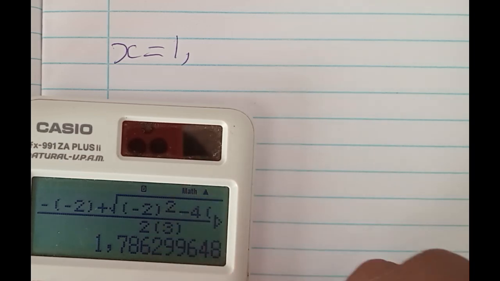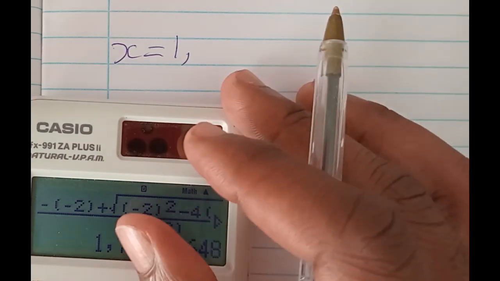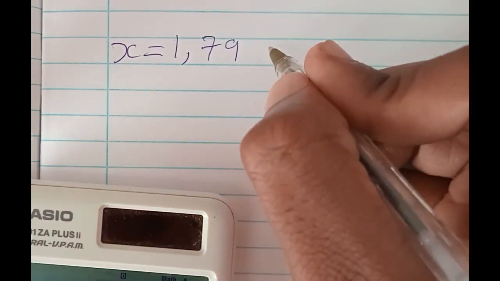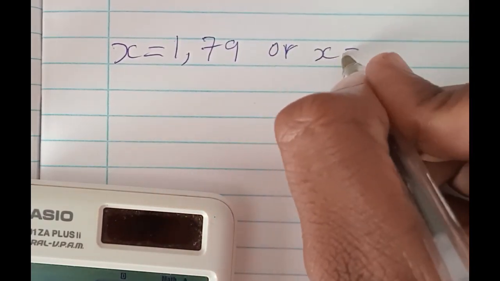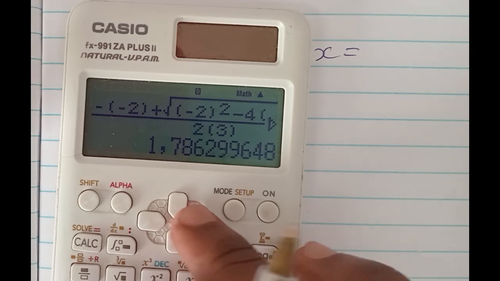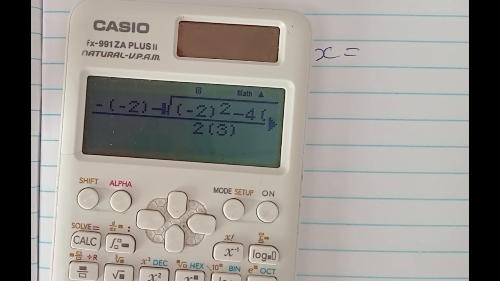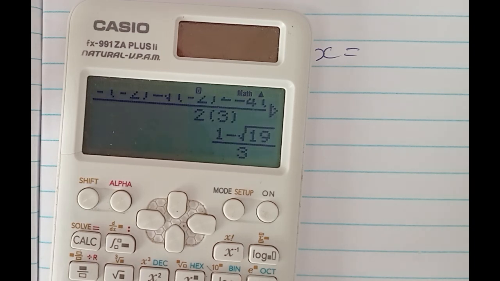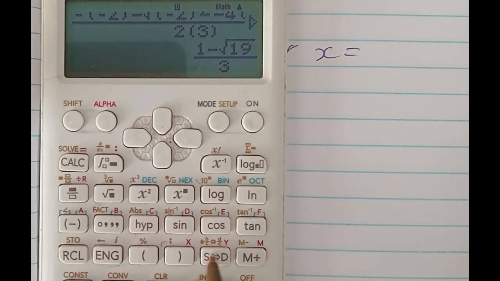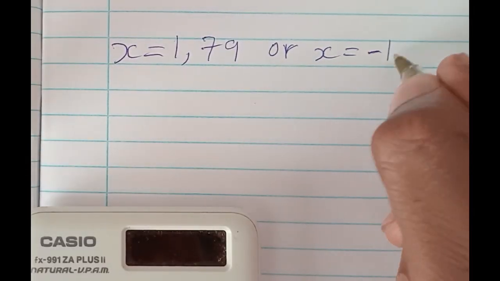Our third digit is 6, so it's bigger than 5, which means it will be 1,79, or x is equal to, remember it was plus or minus, so I have to edit here and put minus. Remember for decimals, when it gives you this kind of an answer, you should press here. Then we have -1.